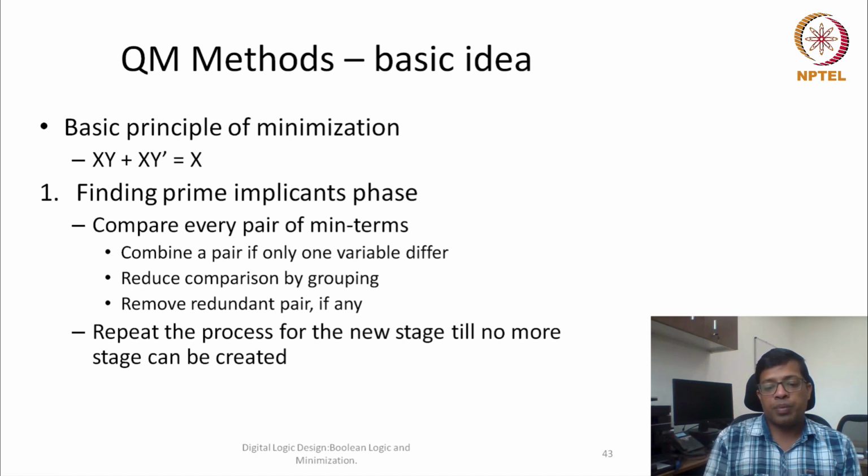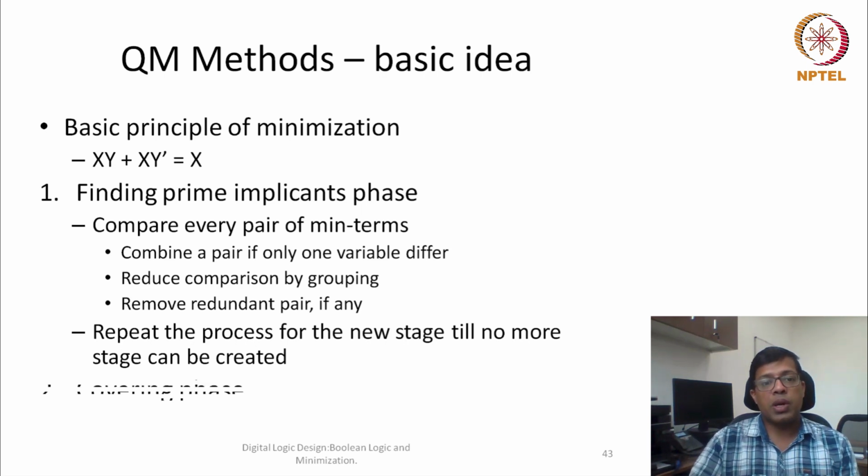Till all the possibilities of eliminating variables are finished, we also finish this prime implicant finding phase. Once all the prime implicants have been found, we start the covering phase. In the covering phase, we see that each min term should be covered by at least one of the prime implicants. So let's try to understand this whole process with the help of an example.